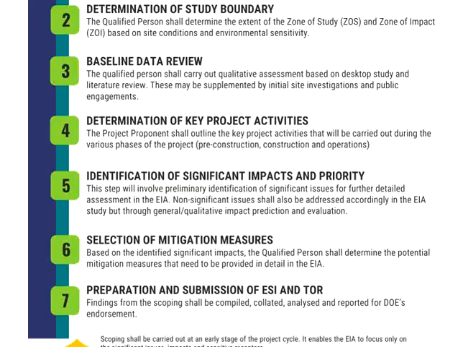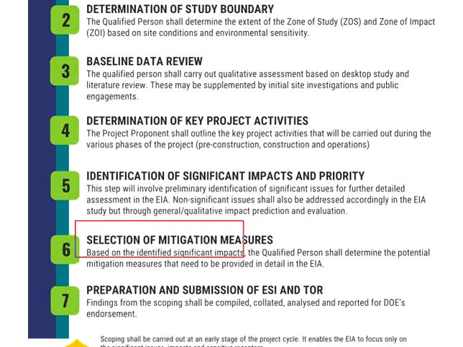At least having this in place so that detailed assessment can be carried out at a later stage of the environmental impact assessment. It is noted that non-significant issues should also be addressed accordingly in the EIA study, but through general or qualitative impact predictions and evaluations.